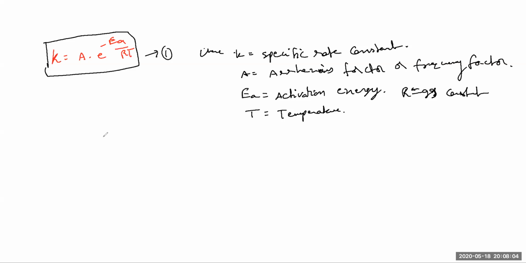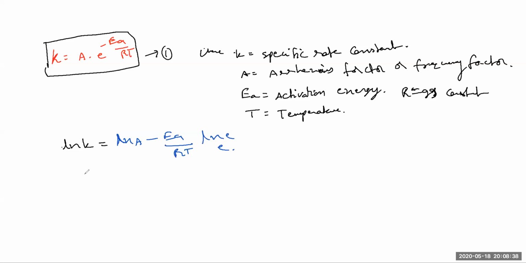Okay. Now apply logarithm on both sides, the natural logarithm. ln k is equal to, using the log AB formula, log A plus log B, so ln A and minus Ea by RT, ln e base e, and ln e base e is 1 only.